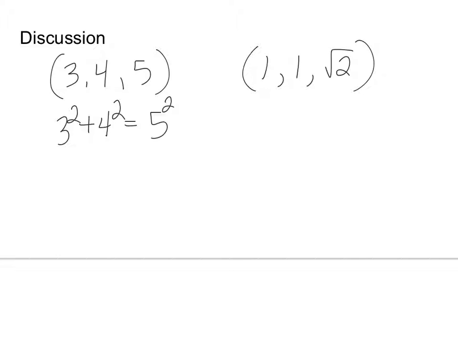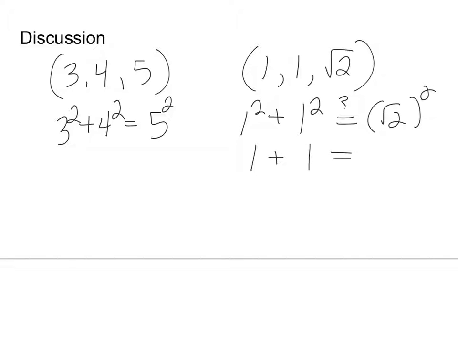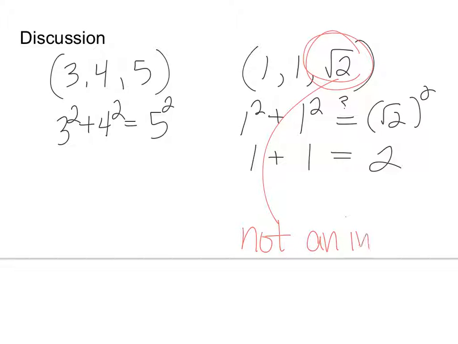Is that a Pythagorean triple? 1 squared plus 1 squared, does that equal the square root of 2 squared? 1 plus 1 does in fact equal 2. But the square root of 2 is not an integer, so it can't be a Pythagorean triple.